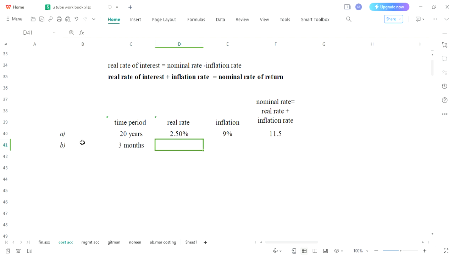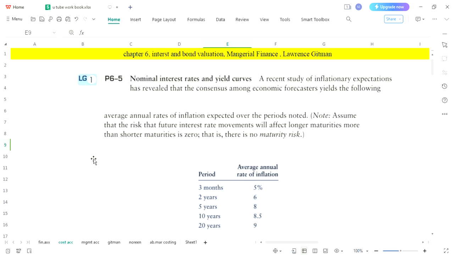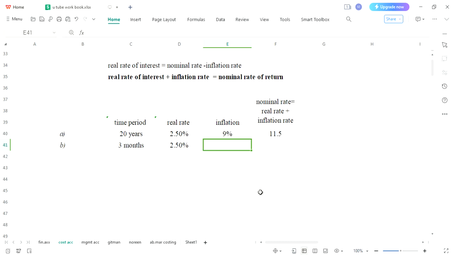Real rate is shared with every other option. So we have 3 months real rate 2.5%, and we'll have to see for 3 months how much inflation rate, and that is 5%. So put 5% over here, and as usual this real rate would be added to inflation.